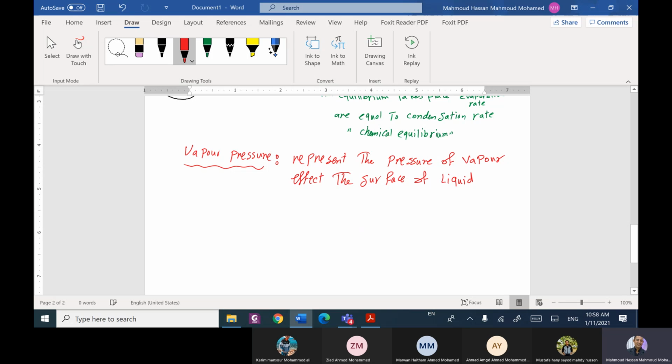And this is classified into two states: vapor pressure of pure solvent and vapor pressure of solution.